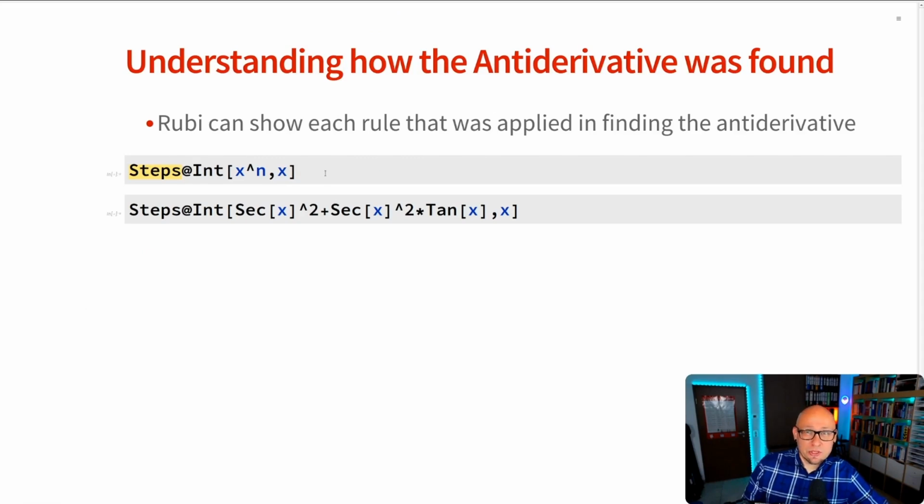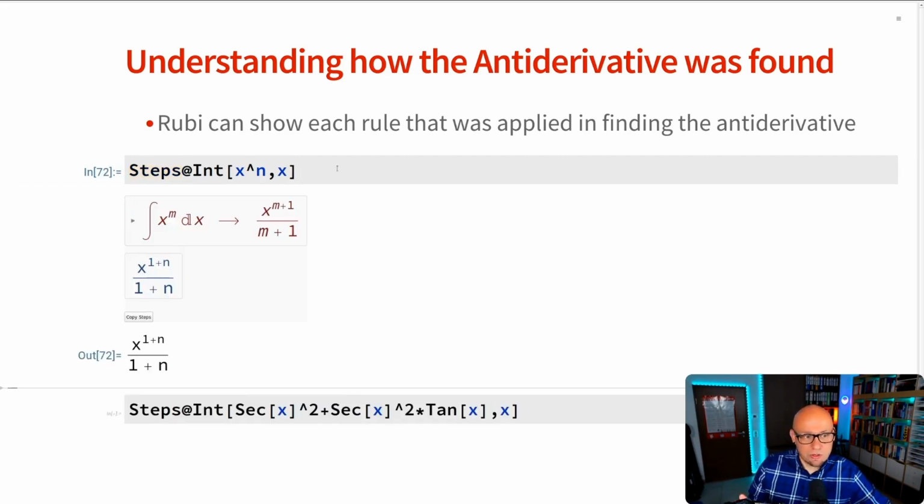The last thing I wanted to show you is how you can actually look at the steps that Ruby took to calculate an antiderivative. We have a helper function for that. It's called Steps. You just wrap it around and Ruby will take care of collecting all the information from all the rules it applied. If we call it on this very simple expression x to the power of n, then we will get a view of what rules are applied.